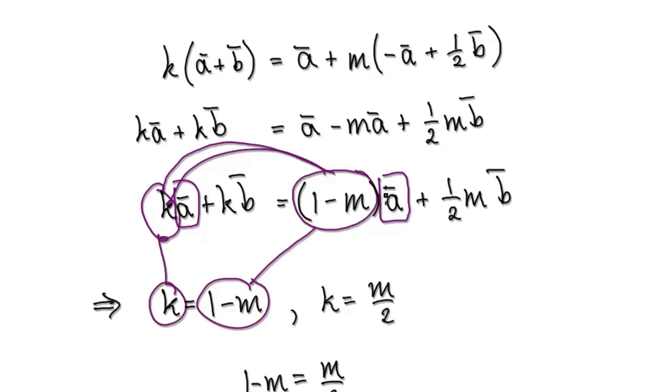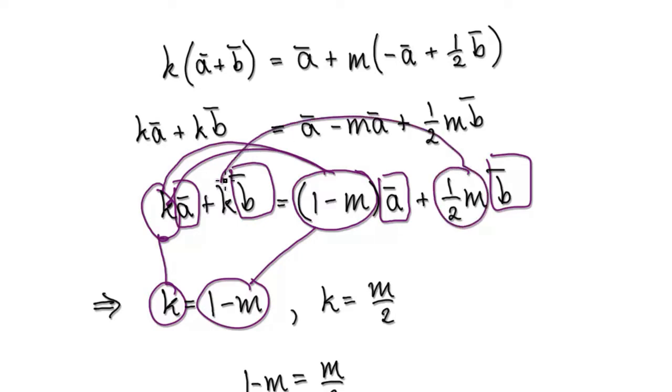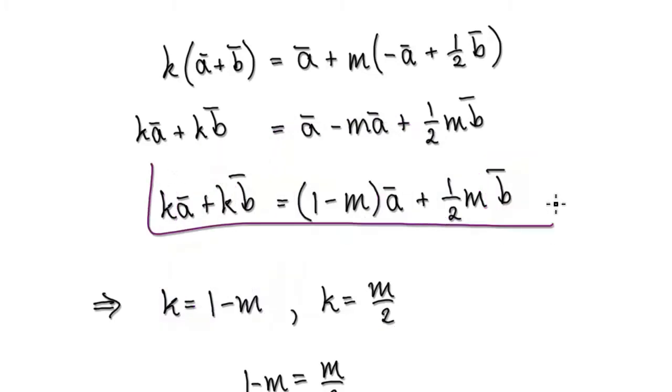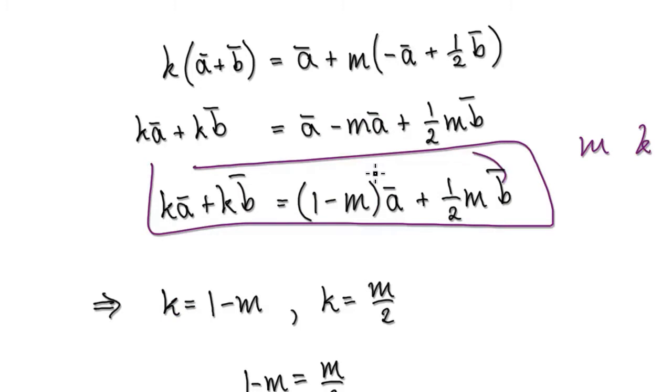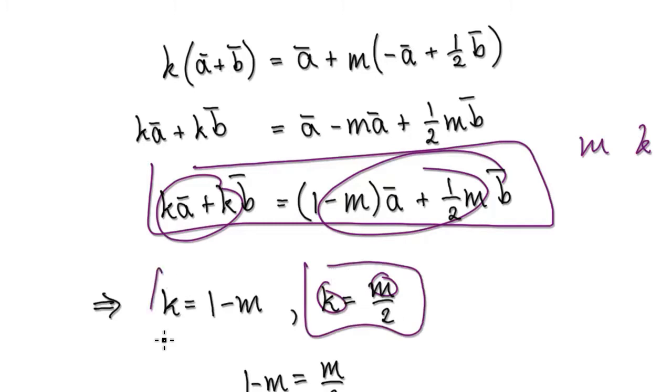And then also, looking at the b component, demand that these two to be the same as each other. That will then give you this. So looking at this, you demanding m and k in such a way that this side equals this side is the same as you trying to find m and k where it will satisfy these two.